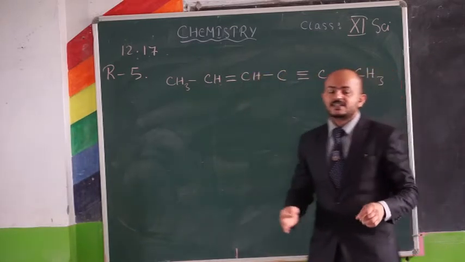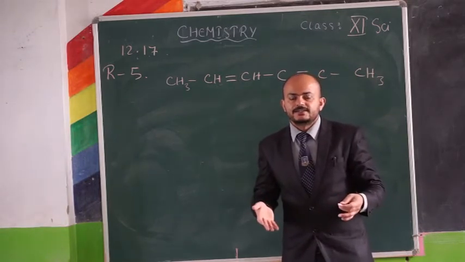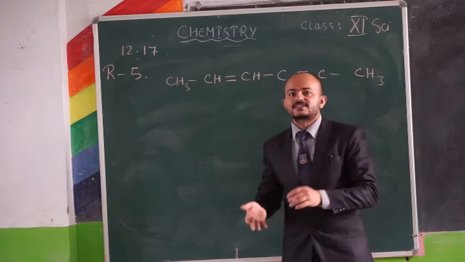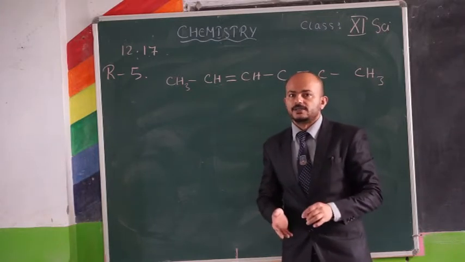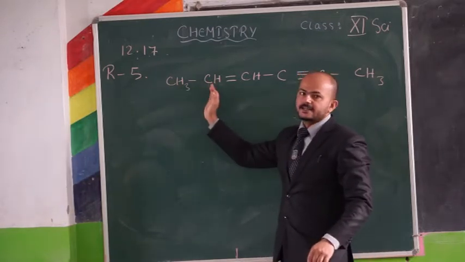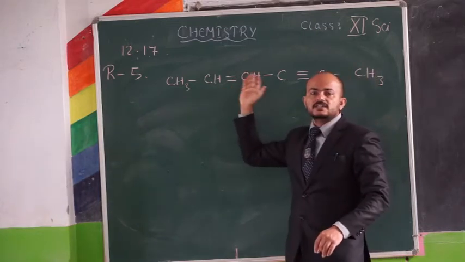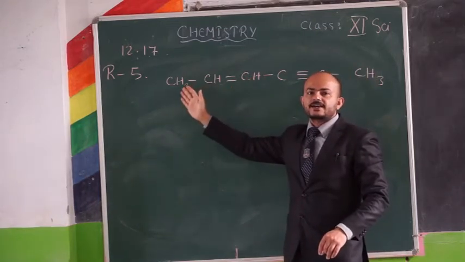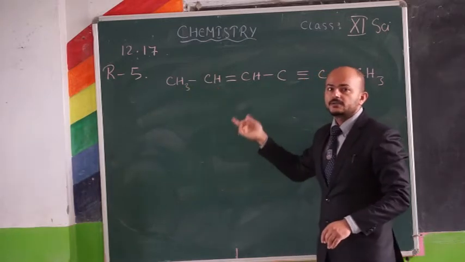So this rule tells us that we have to start numbering from the side from which the double bond comes at lower carbon number. Therefore, it is clear that we have to start numbering from this side. Even though they are at equal distance, the rule tells us to start numbering from the side from which this double bond comes at lower carbon number.